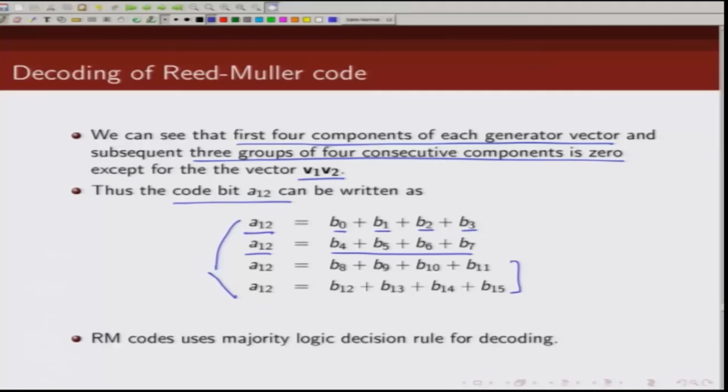What is majority logic decoding? So, I will take the majority decision. If 3 of them are saying A12 is 0, then I will go for 0, otherwise I will go for 1. Okay. So, this is how I can decode bit A12.